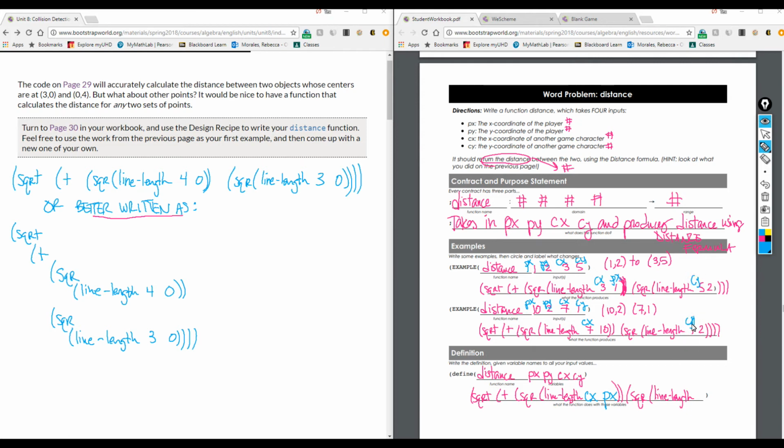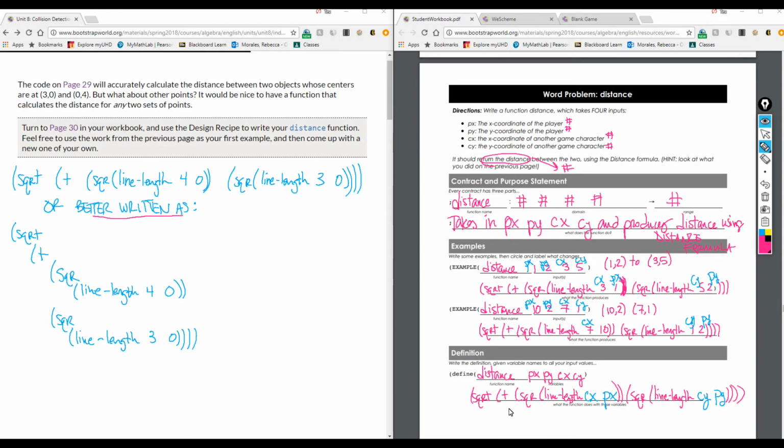Whoops, that's an ugly y. But cy is what comes up next. Then 2 is py. 2 here, well that just happened to be the case for both, is py. So then closing up line length, closing up this square, then I have to close up that plus sign, then I have to close up the square root at the front.